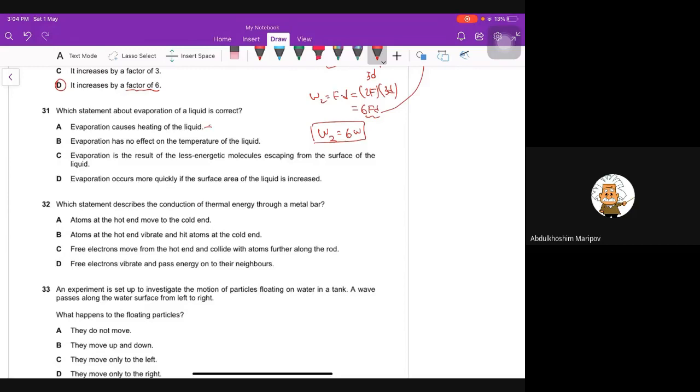Not evaporation causes, but heat causes this. Evaporation has no effect on temperature. It has an effect: it cools down after evaporation. Evaporation is the result of the less energetic molecules escaping. Not less, but more energetic. D: evaporation occurs more quickly if the surface area of the liquid increases. Exactly. If you increase the top surface area, you will have more evaporation.